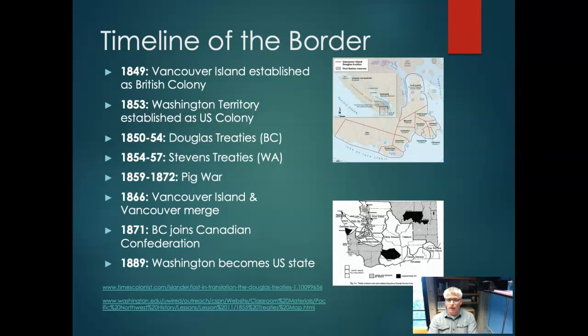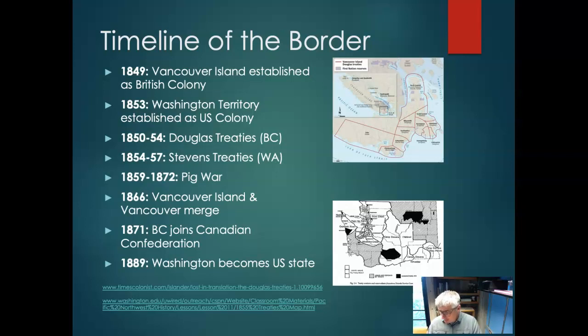So there's this tension between British expansion and U.S. expansion on the western side of the continent, and trying to tie up a fair amount of these lands. The Douglas Treaties are signed in B.C. between 1850 and 1854. We have a separate lecture on treaties, and we'll dive a little more deeply into that.